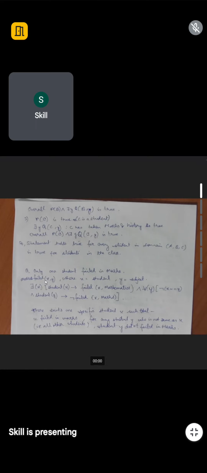So for overall B, we can write like this, and then for C, P(C) is true as C is a student. C has taken maths and history, so it will be true. Overall we can write P(C) and there exists y, Q(C,y) is true.